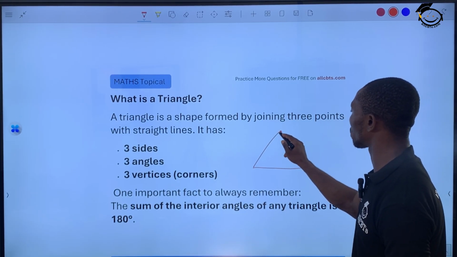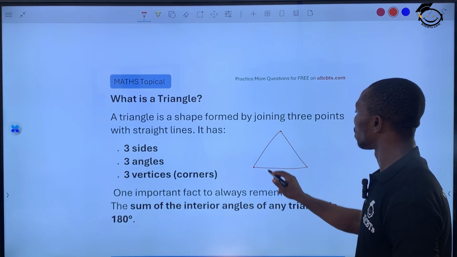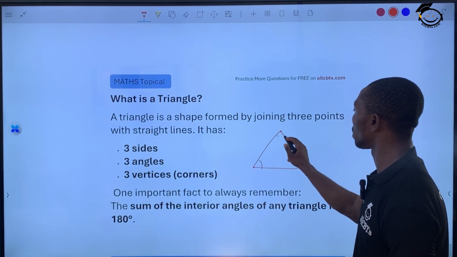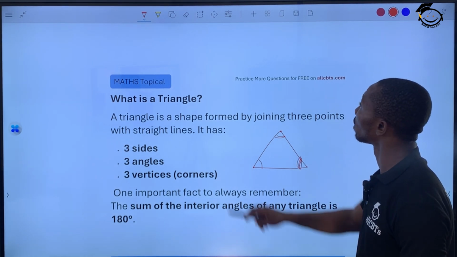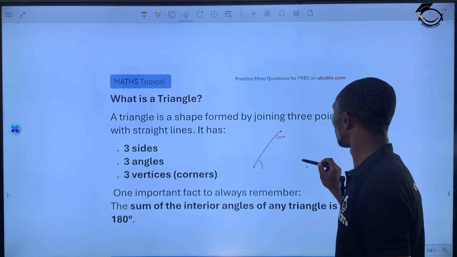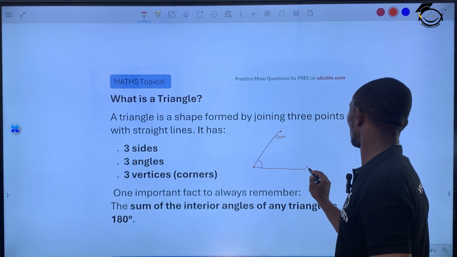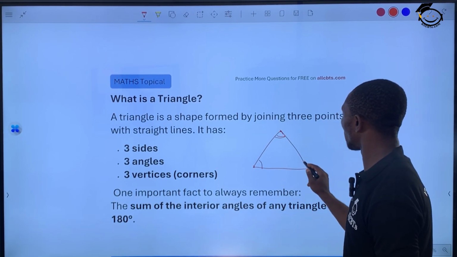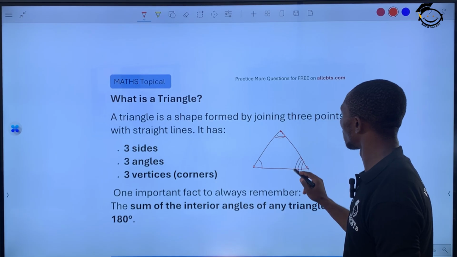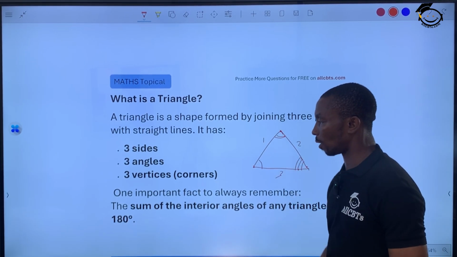This is vertex 1, vertex 2, and vertex 3. 3 angles: angle 1, angle 2, and angle 3. And it has 3 sides: side 1, side 2, and side 3.